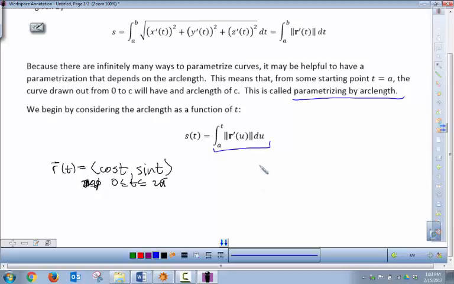So let me put another different parameterization here. Let's call it R2 of t: cosine 2 pi t, sine 2 pi t.